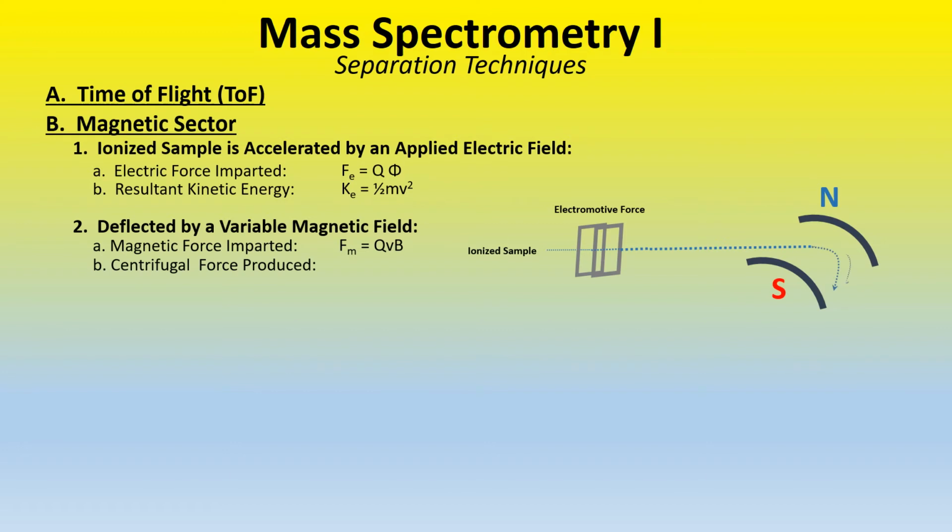Since the magnetic field is curved, a centrifugal force is also imparted, where F sub c is essentially angular momentum, mv squared over r, the radius of curvature.